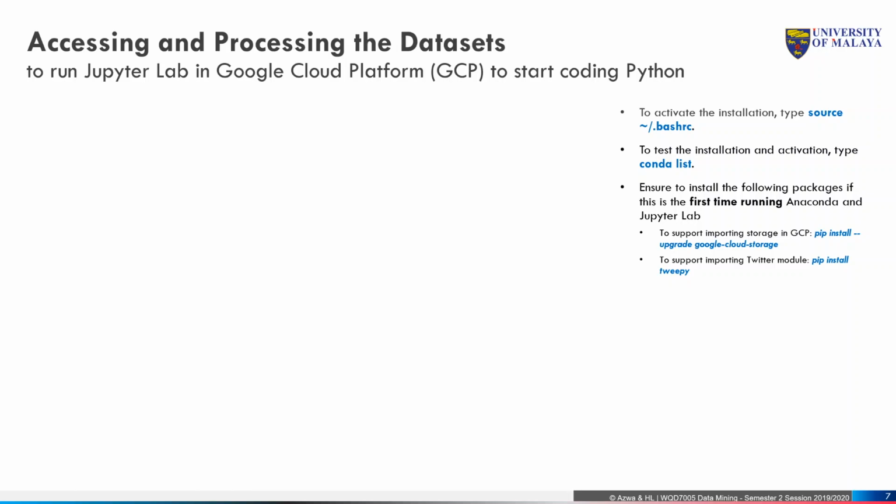First is the Google Cloud Storage package. The reason is that we are using GCP Cloud Storage as our data lake, and in order for our Python code to access and process the data from the GCP Cloud Storage, we need to install this package the first time.